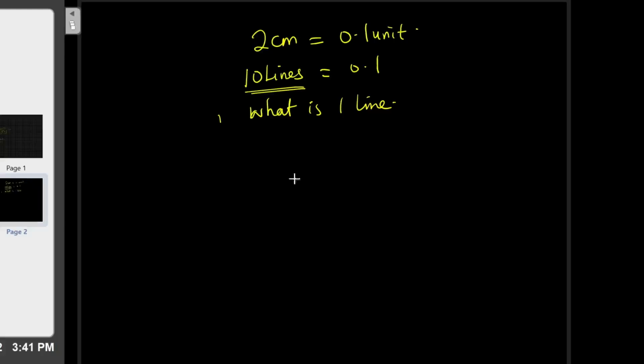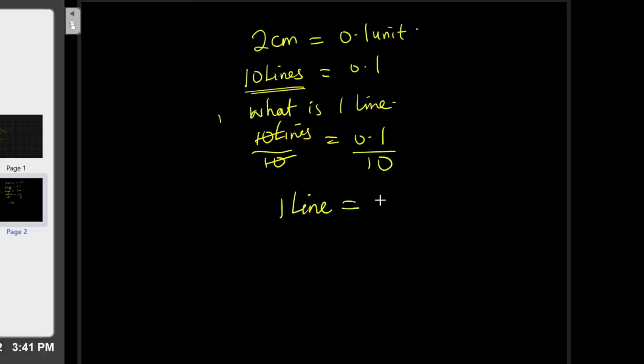Now, what you should do is 10 lines divided by 10 is equal to 0.1 divided by 10. If you cancel them, you say that one line is equal to 0.01.